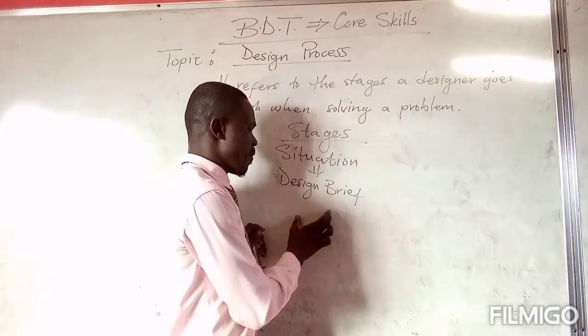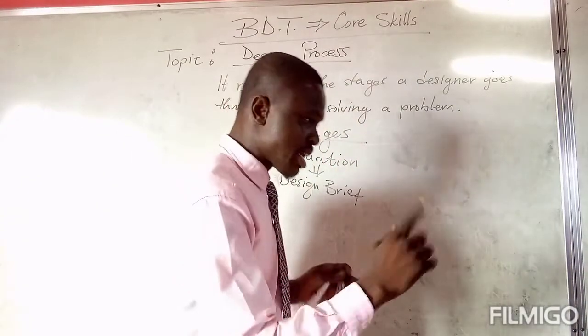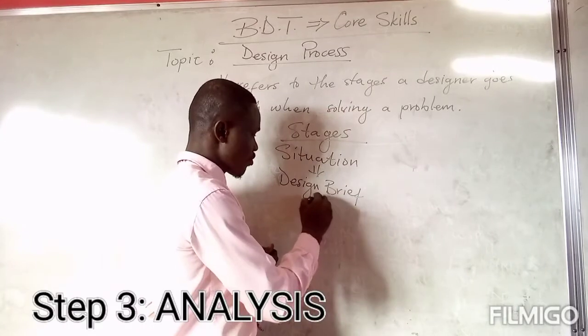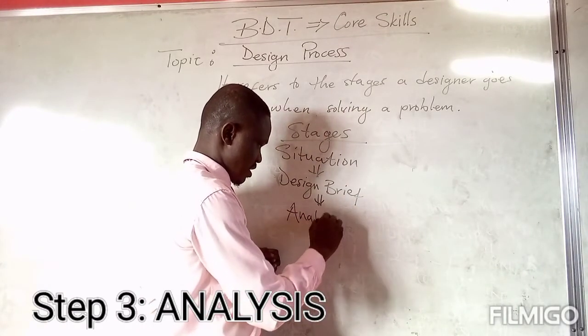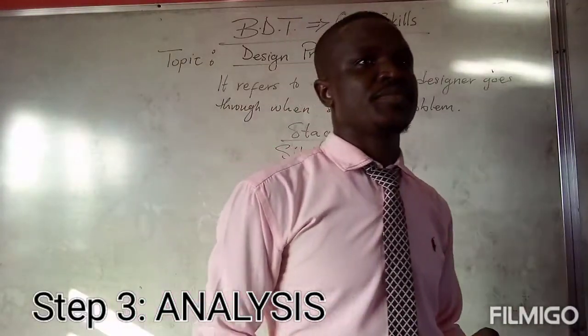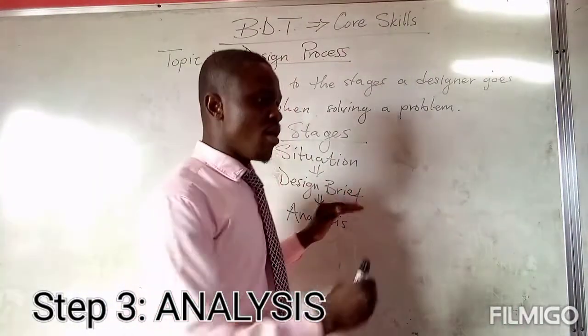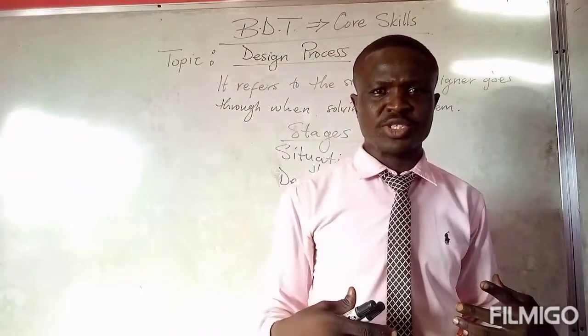So design brief refers to what the designer intends doing to solve the problem. Good. So after coming out with this design brief, the next step he will be going through is what we call analysis. Analysis. You see, under analysis, let's come back to the classroom.